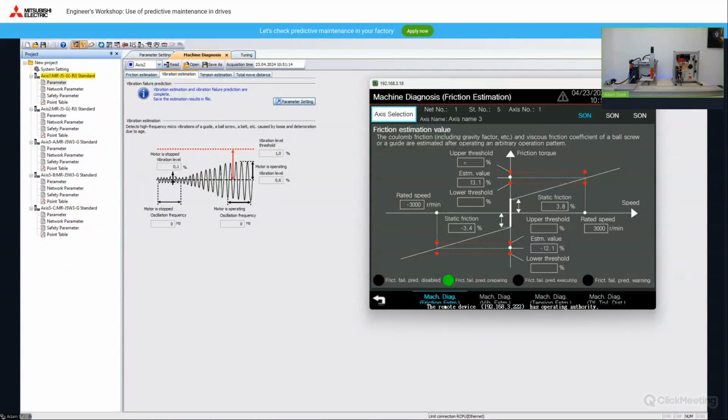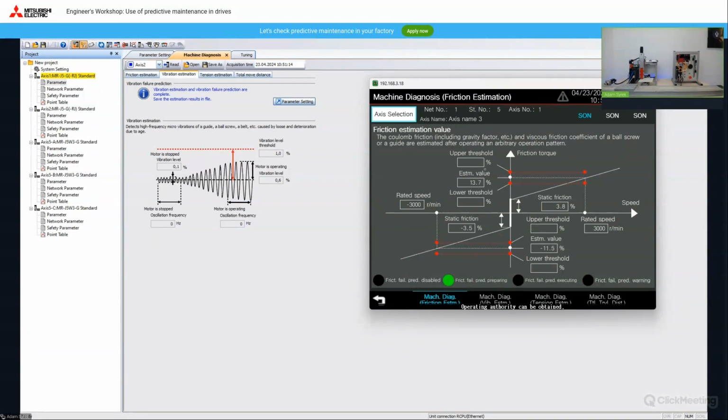And as you can see, the levels are not yet judged, because as I said, it requires quite a long operation of this axis. So after some time, after more than 4 days, because it is more or less 90 hours required for the estimation, these values should appear.